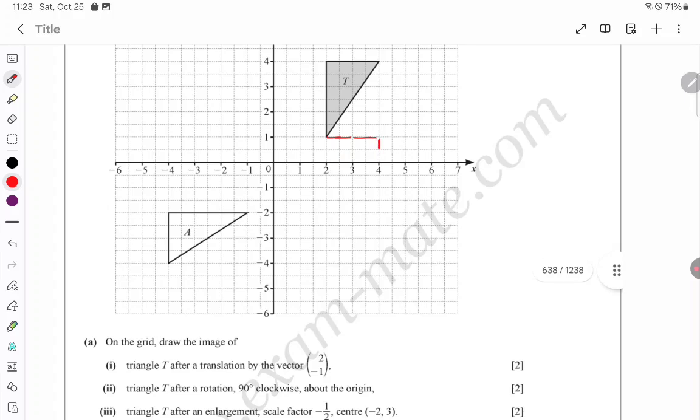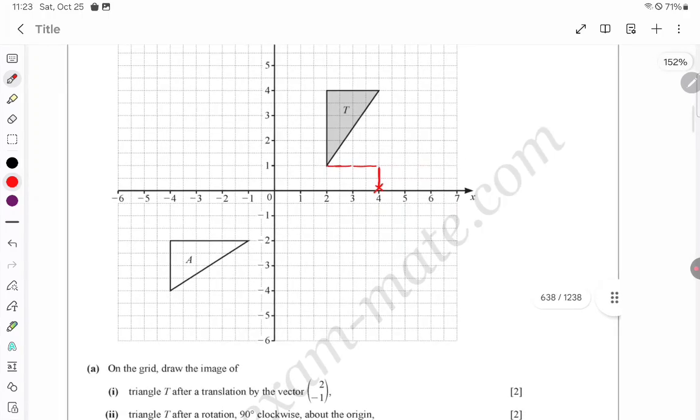Mark one point. For another point, 1 unit, 2 unit, negative 1, mark this point. For this point, 1 unit, 2 unit, negative 1 downwards, right here. These are our 3 points. Just connect the points.